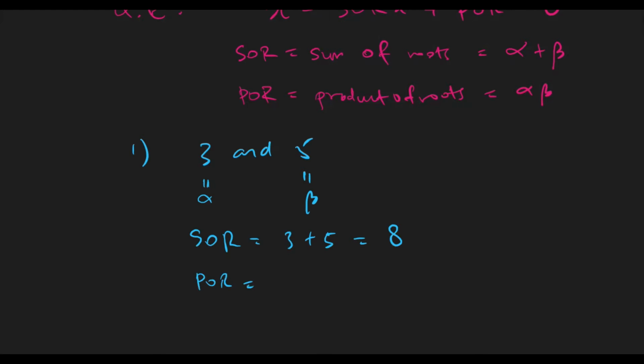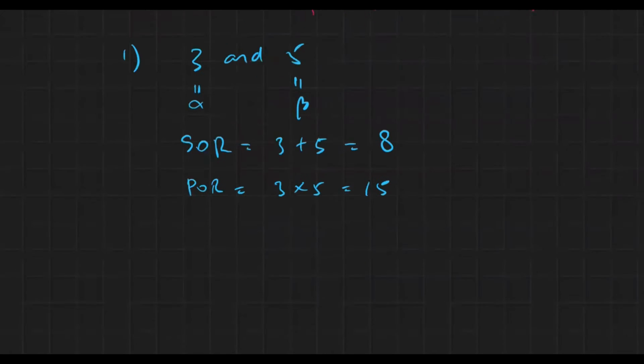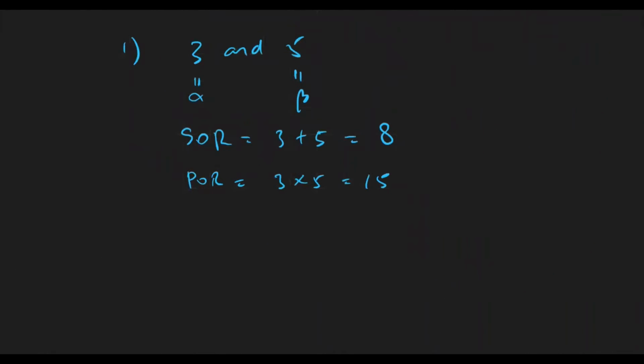And your product of roots will be 3 times 5, which equals 18. And therefore, remember back our quadratic equation. That will be x squared, and don't forget it's a minus of SOR x plus POR equals to 15. And there you go, the first one here.